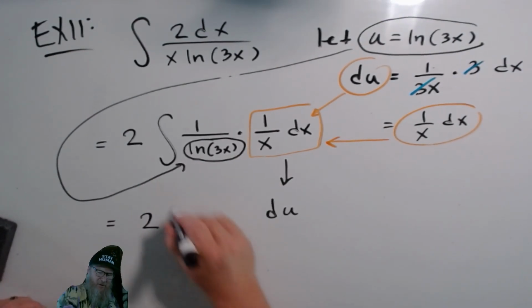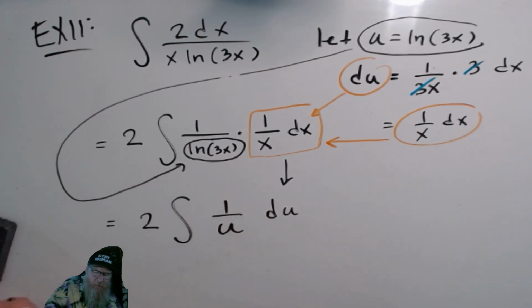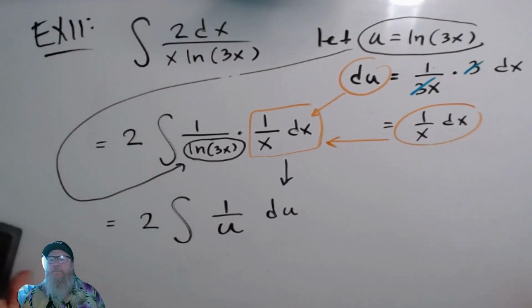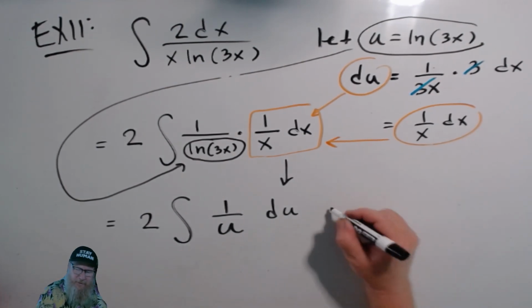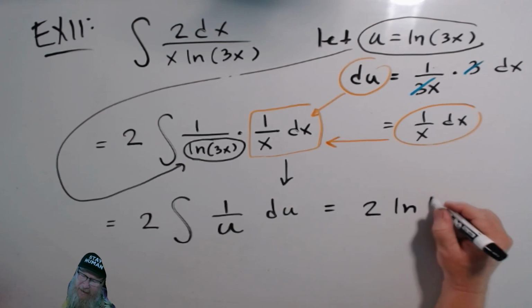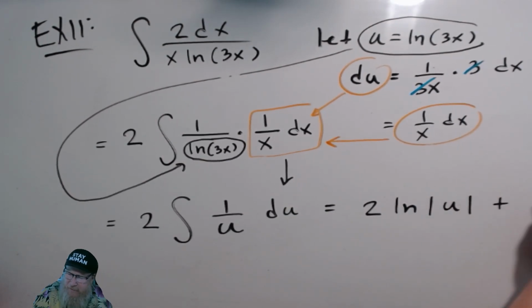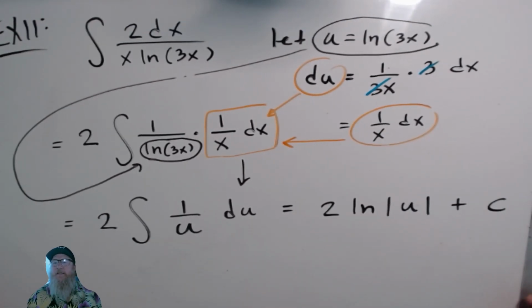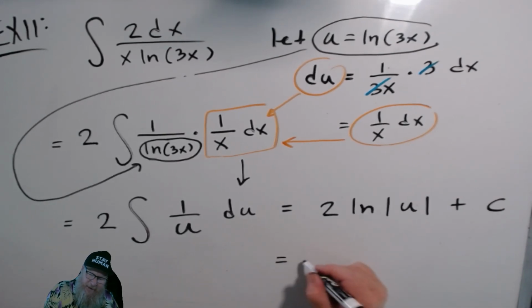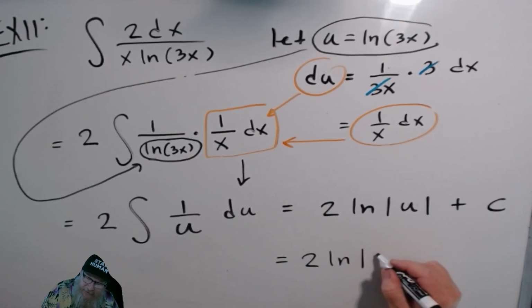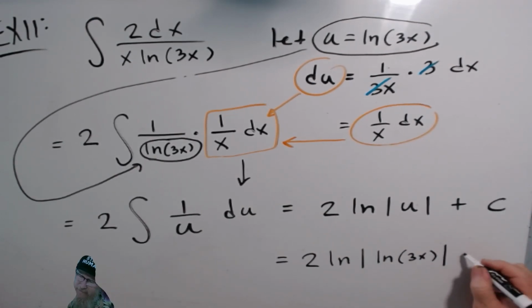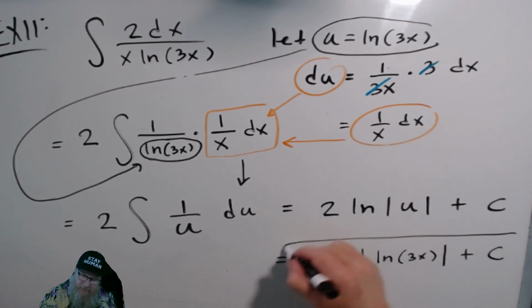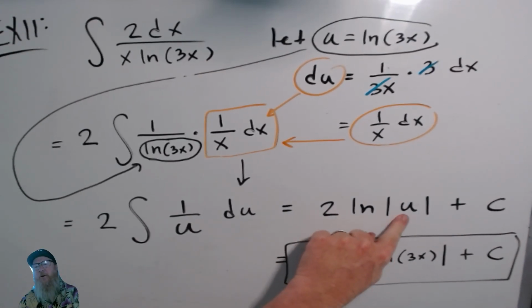So that's 2 times the integral of 1 over u. So that'll be 2 ln absolute value of u plus c. And then I'm going to switch back by putting who u is.